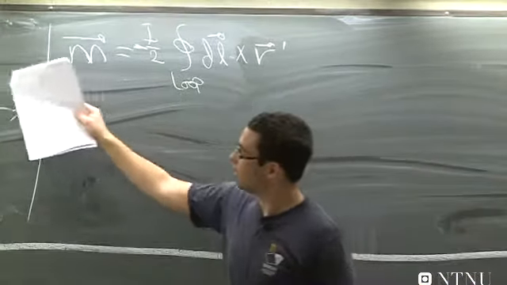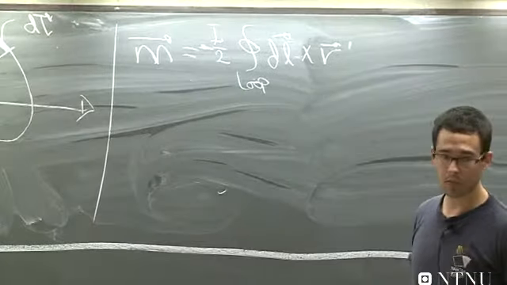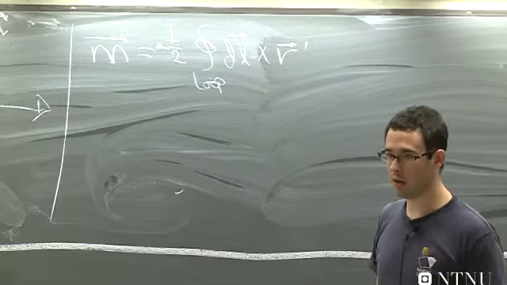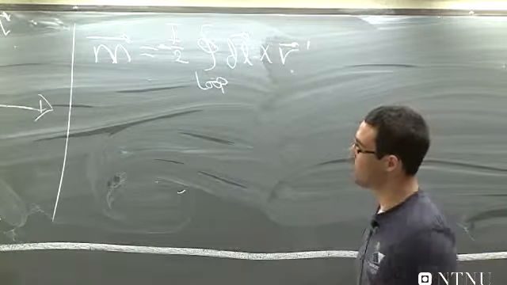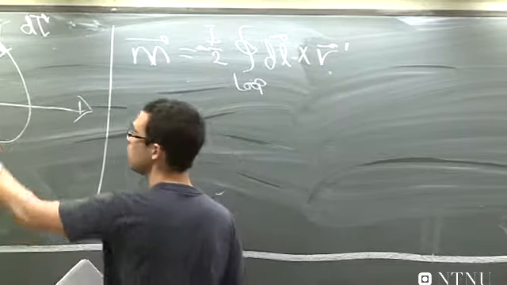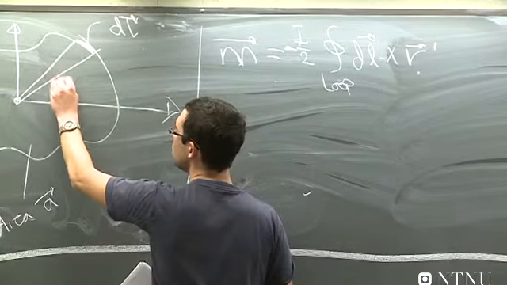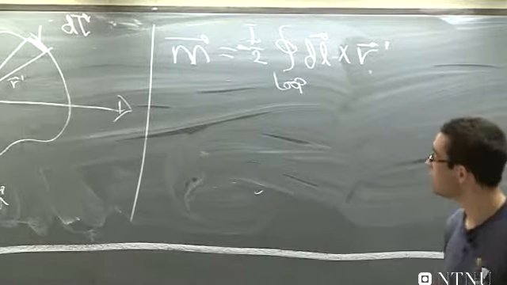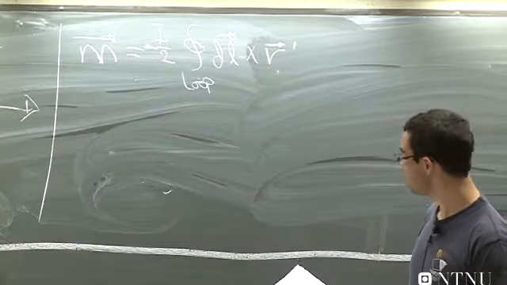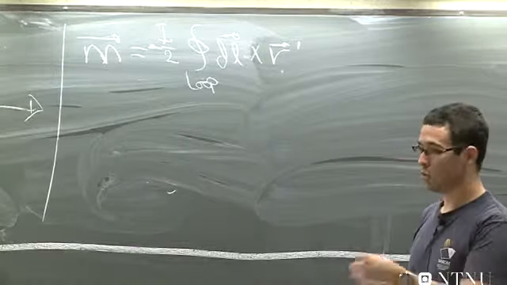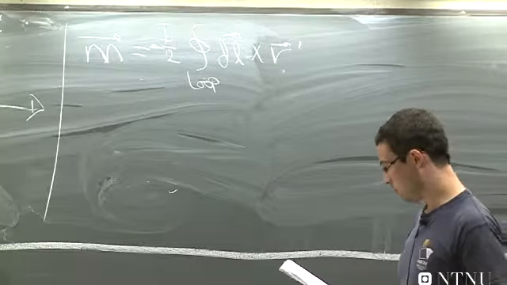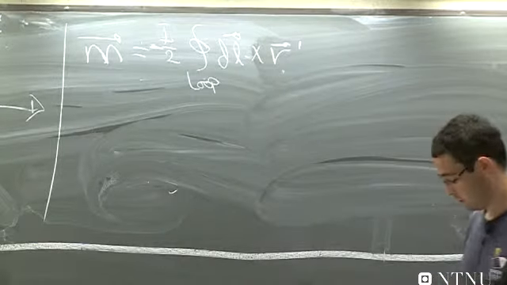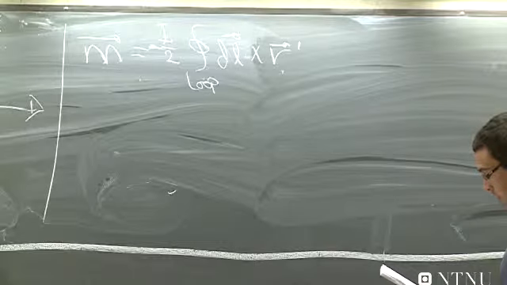So I take a small dl vector, because that's where the current is, inside the length of wire, cross it by the position vector, like this, and then you've got your integration function right there.